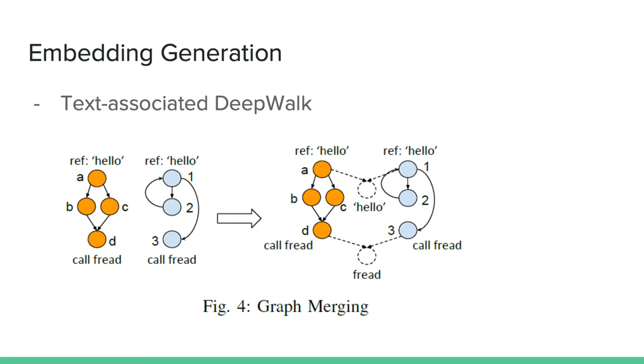So to get to the real embedding generation, they use text-associated deep walk. Deep walk is an online graph embedding learning algorithm that considers a set of short truncated random walks as a corpus in a language modeling problem, and the graph vertices as its vocabulary.